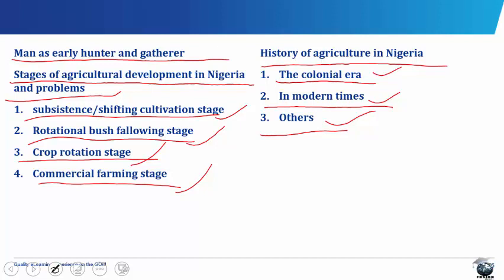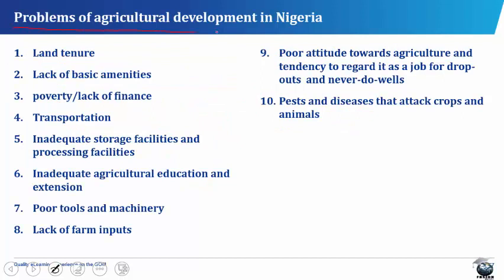There's also the establishment of marketing boards and commodity boards, agricultural research institutes, agricultural subsidies and loan schemes for farmers, and also agricultural education and extension programs. All these achieved abundant success.